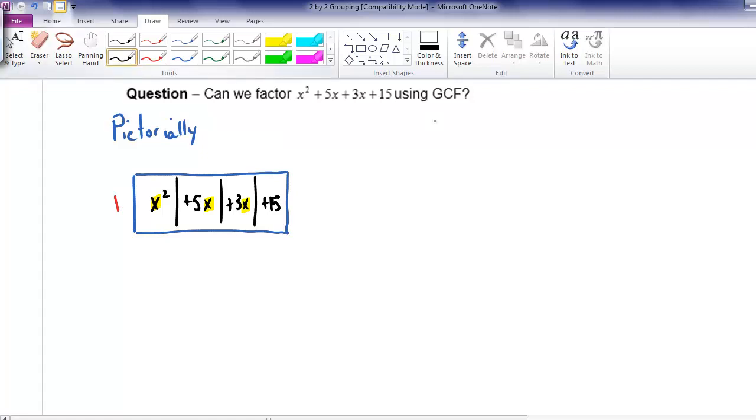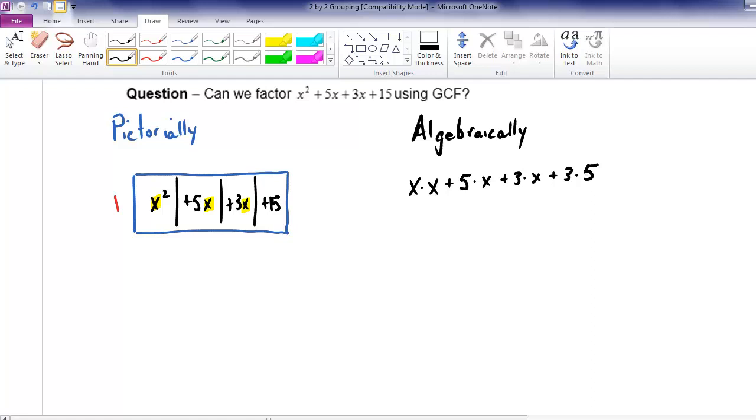If we're going to look at this algebraically, well, algebraically what we would do is we would break each one of the pieces into its prime factors, and this one's pretty straightforward. And what we would end up with is this. And again, going through and highlighting, you cannot highlight something that is similar in every one of those terms. And again, what this says to us is greatest common factor does not work.